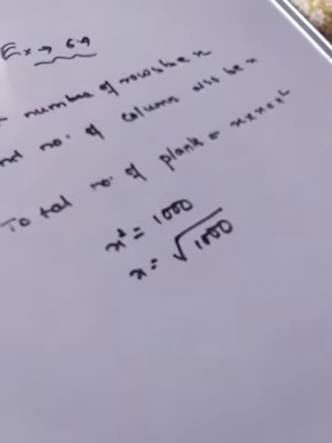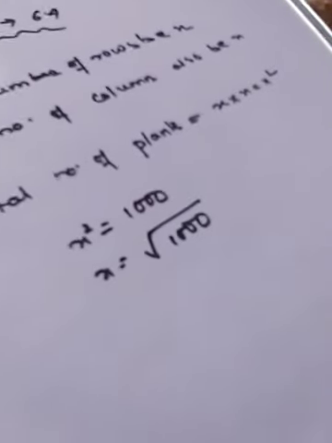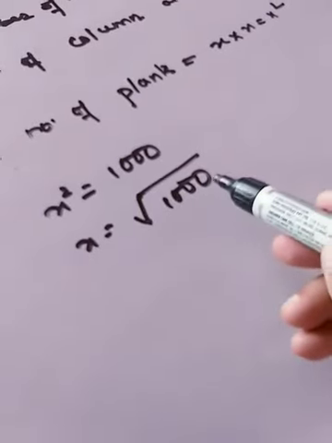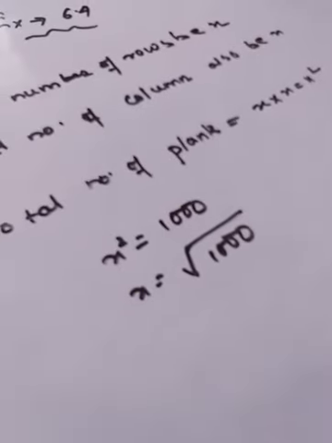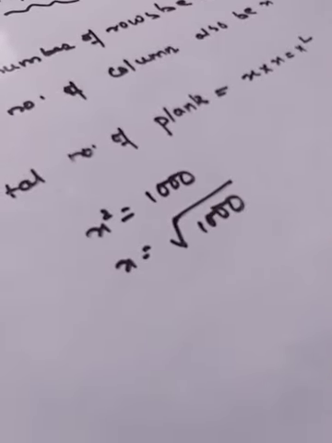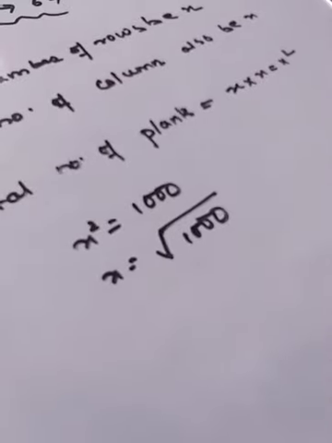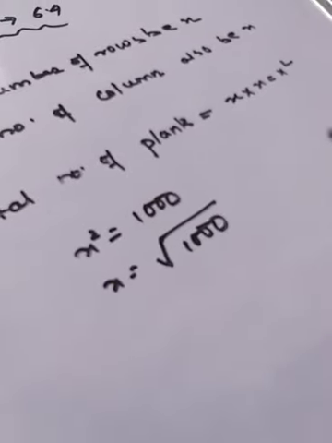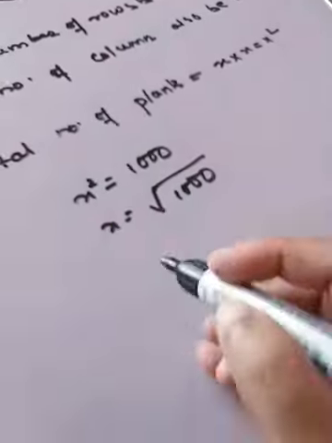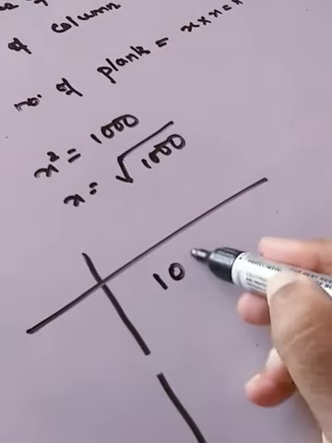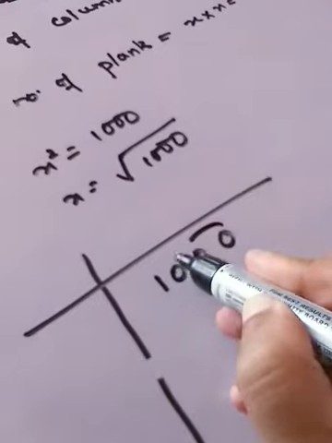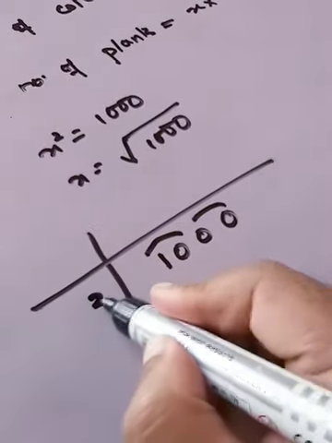So we have to find the square root of 1,000, but as we know that 1,000 is not a perfect square number, we have to make it a perfect square just by adding to it, because in the question it asks how many plants he needs more, which means we have to add. So let's do the division method. I hope everyone remembers it. Now we will pair from the right-hand side. 3 3s are 9.